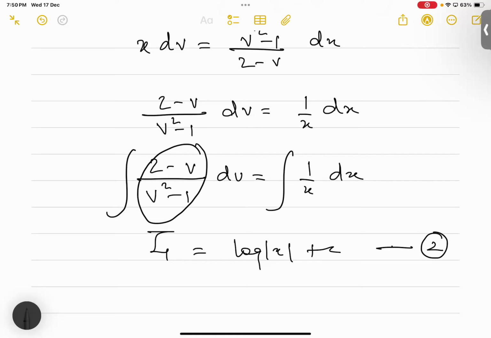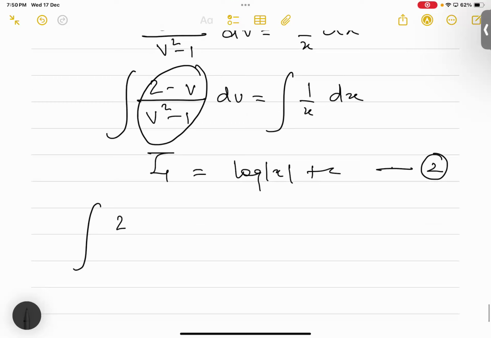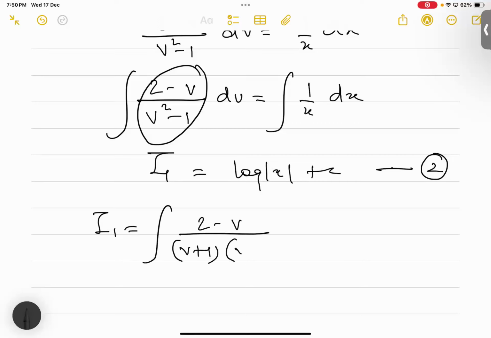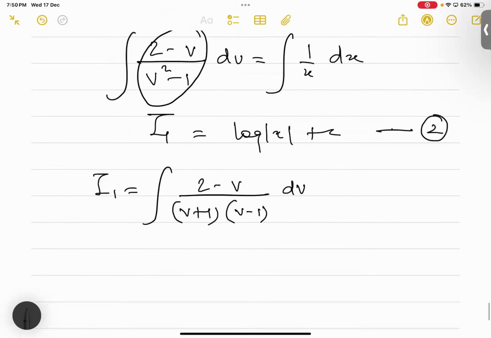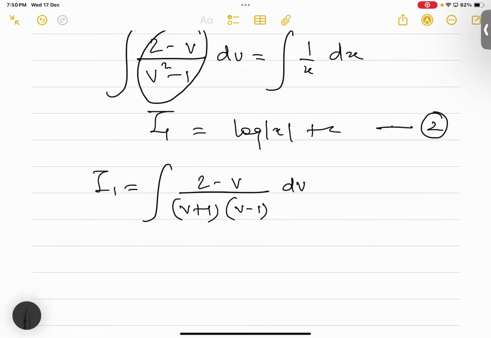What is v square minus 1? (v plus 1)(v minus 1). So I'm just taking I1 and solving it separately now: (2 minus v) upon (v plus 1)(v minus 1) dv. Clear?